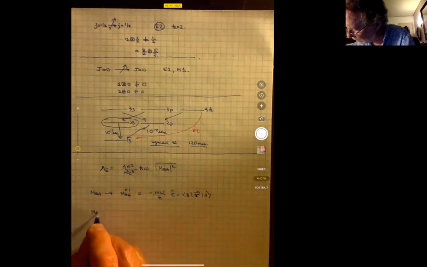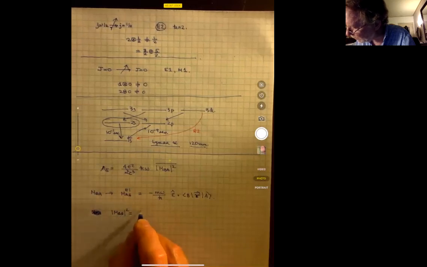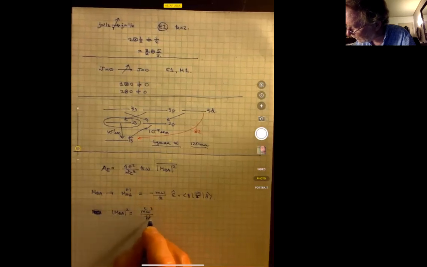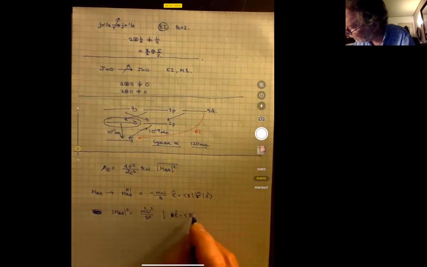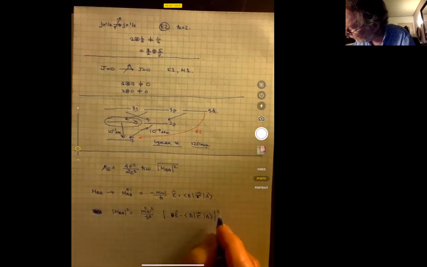So MBA squared. Here's what we want: first of all, the absolute value of MBA squared. This is going to be equal to m squared omega squared over h bar squared times the absolute value of epsilon hat dotted into the matrix element B R A, squared.